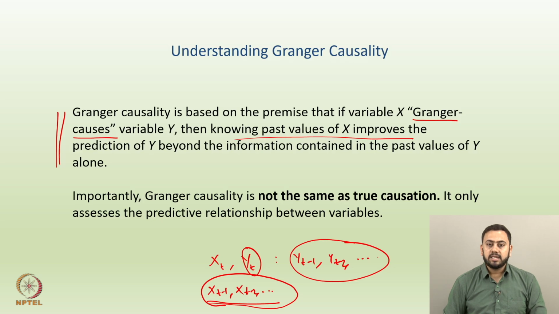It only assesses the predictive relationship between the variables, that is, how well one can predict y based on its own past values, but also based on the past values of some other variable, let us say xt. Under all these situations one can say that x Granger causes y, but again Granger causality is not the same as true causation between xt and yt.